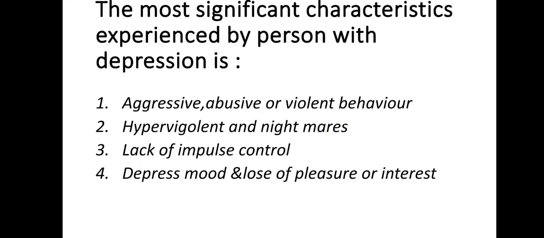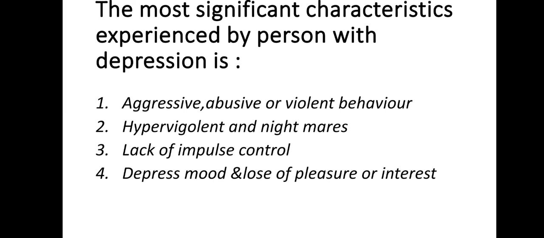Okay. Next question. The most significant characteristics experienced by a person with depression. Options: aggressive, abusive or violent behavior. Second option, hypervigilant and nightmares. Third option, lack of impulse control.